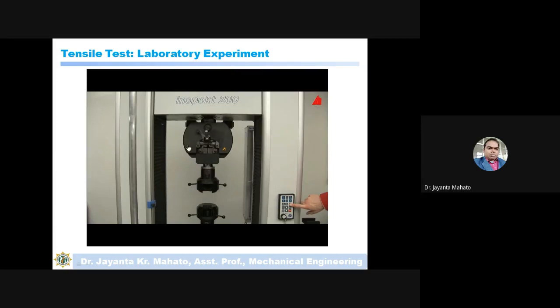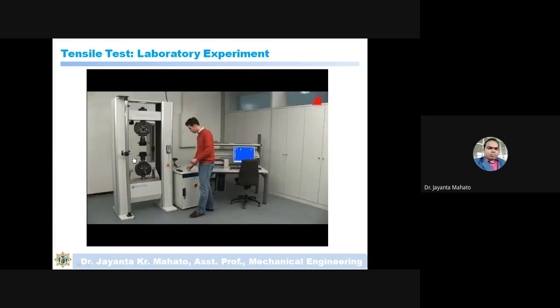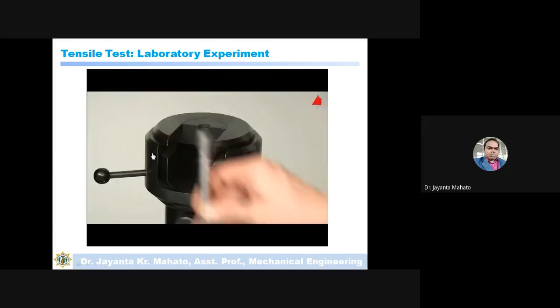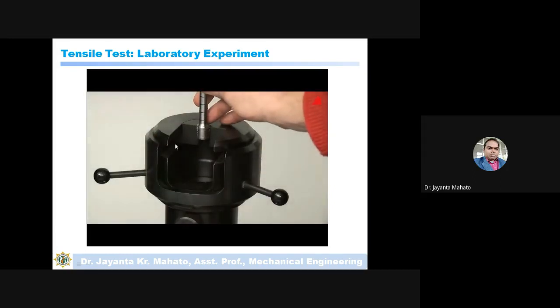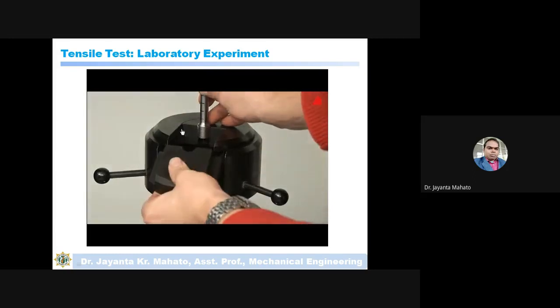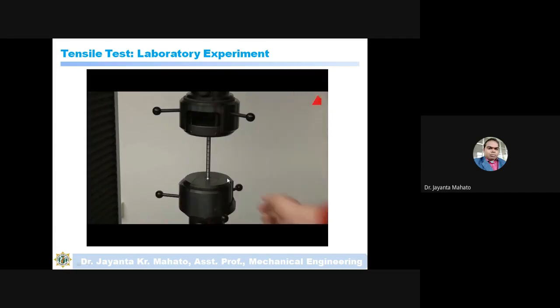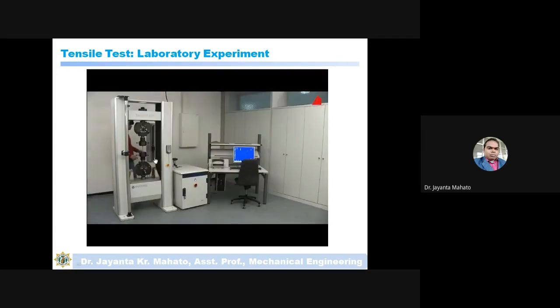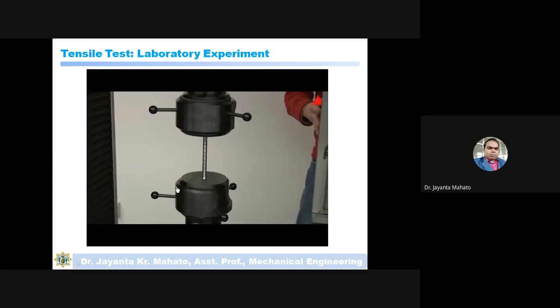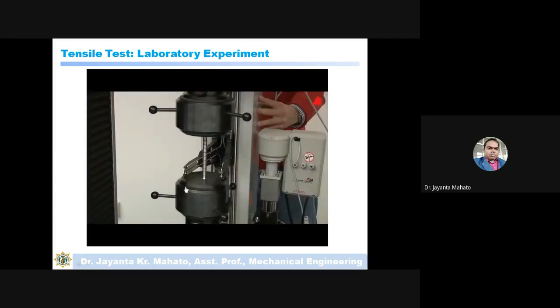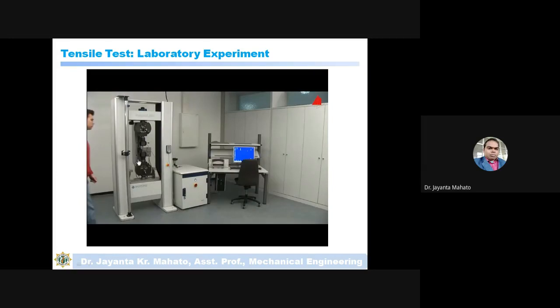This part is called the upper grip, and this is the lower. In this universal testing machine, the upper part will move. The upper part is the moving part, and the lower part is fixed. In the lower part there is a load cell.